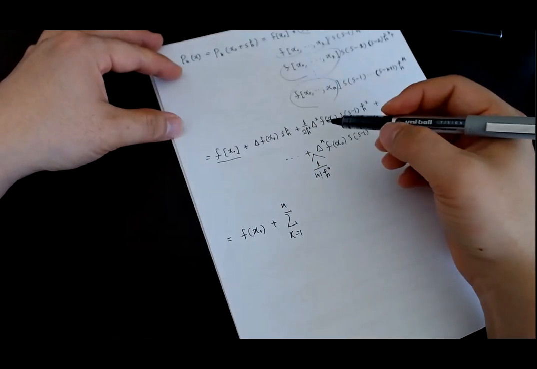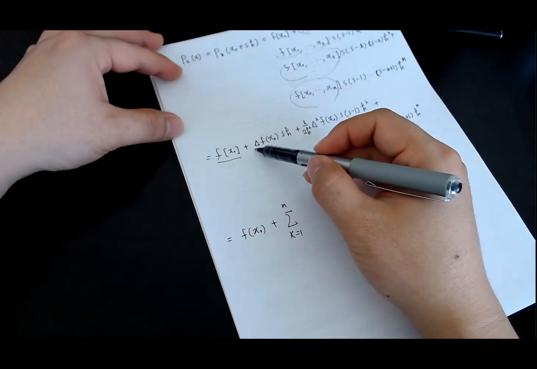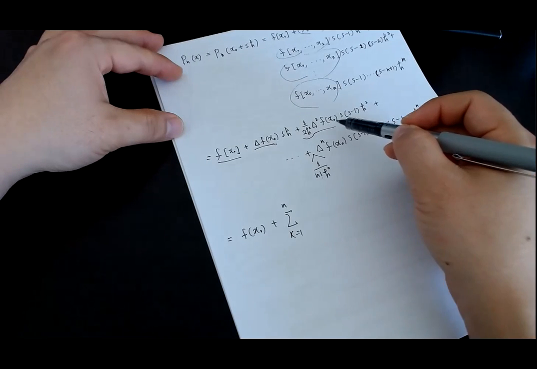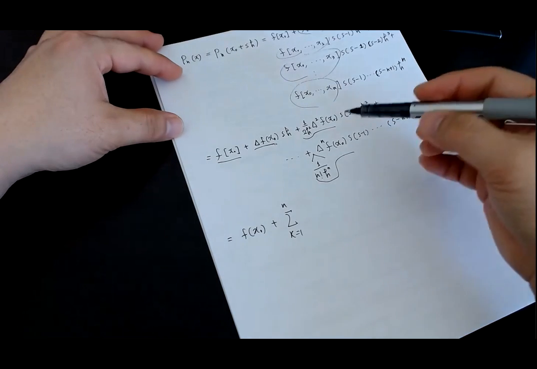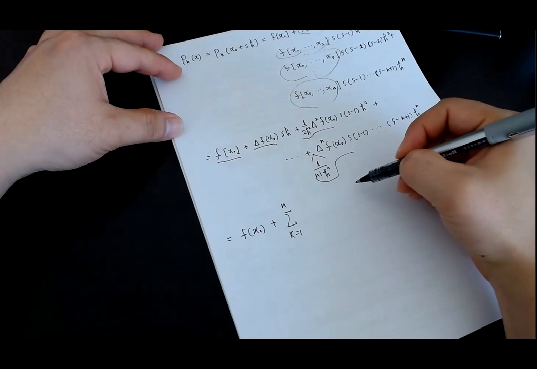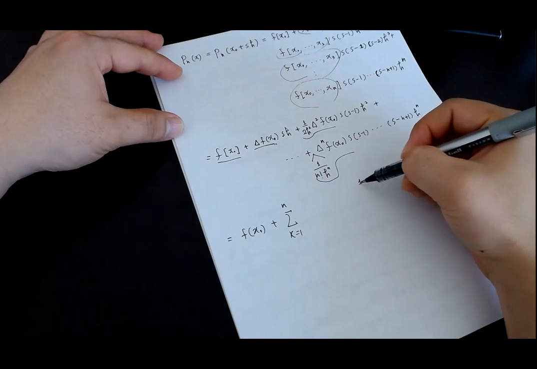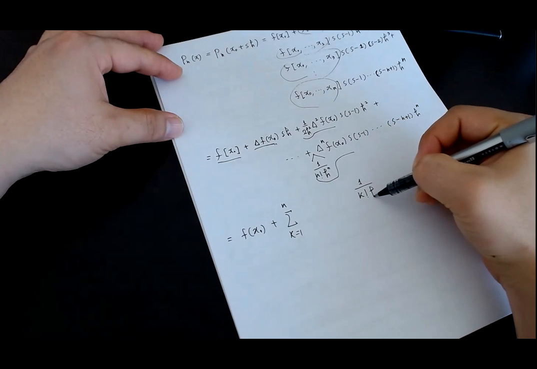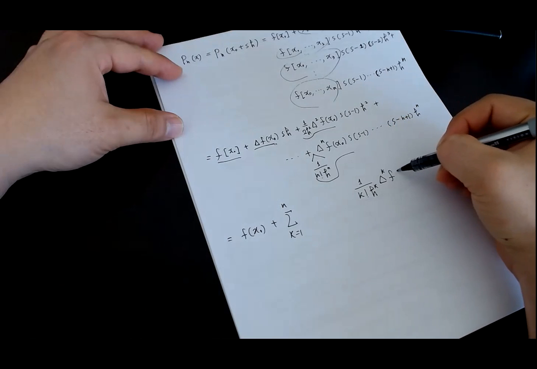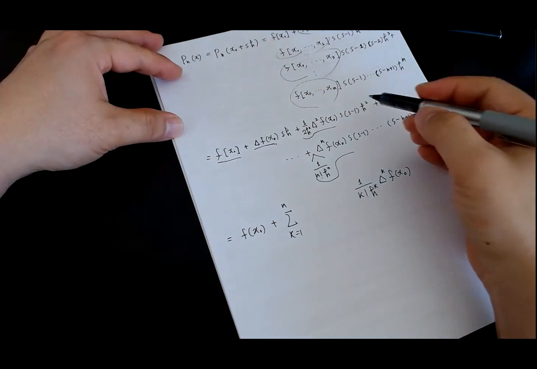And then the nabla f of x0, I mean Newton's forward difference formula, can be expressed as 1 over k factorial h to the k's power, and then nabla k's power f of x0, isn't it? Okay. Then what about this then?